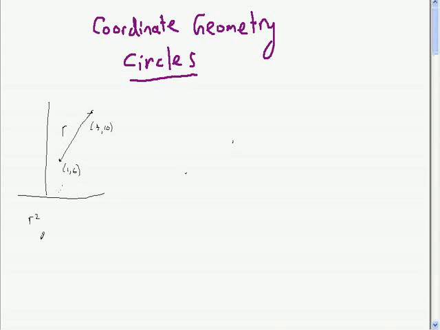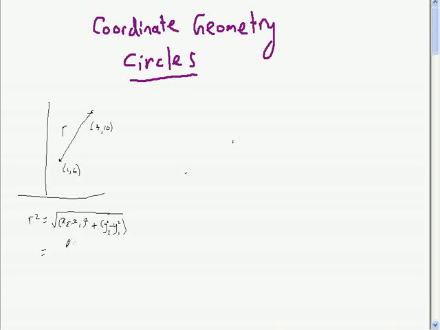R is this length, so r squared is equal to the difference in the x coordinates, x2 minus x1, squared, plus the difference in the y coordinates. It really doesn't matter in which order you subtract the y coordinates and the x coordinates, because that minus answer will get squared and become a positive.